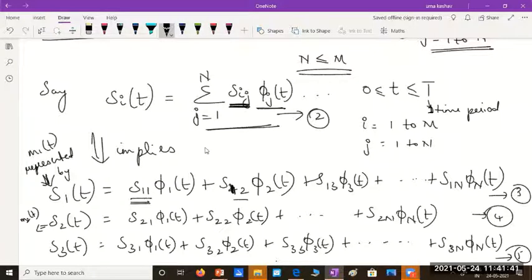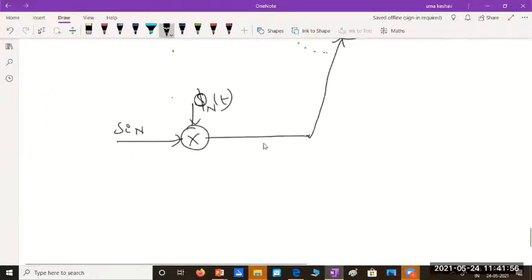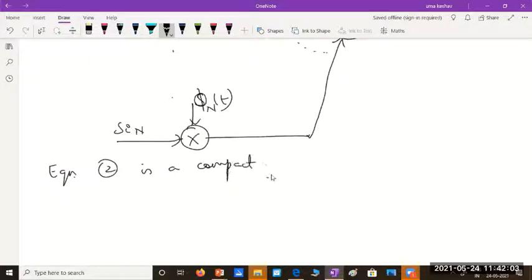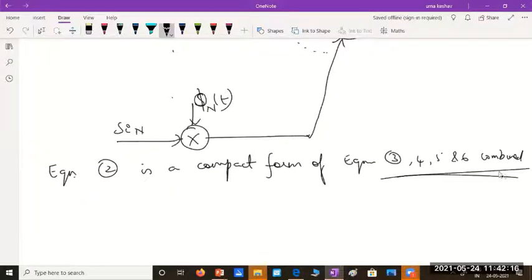Remember, I can have i varying from 1 to m and j varying from 1 to n in this case, as you can see. So equation 2, you please understand, is a compact form of equations 3, 4, 5 and 6 combined. So it represents any of these equations.